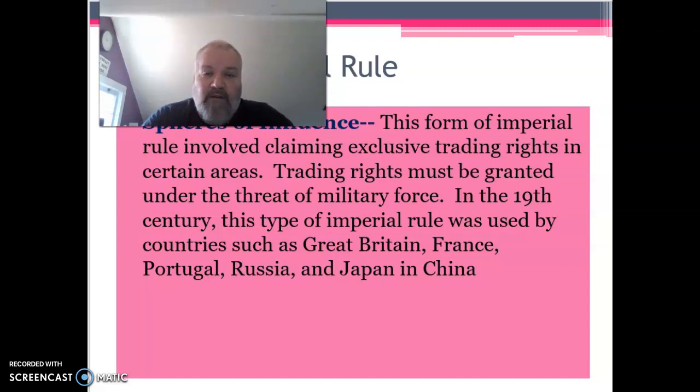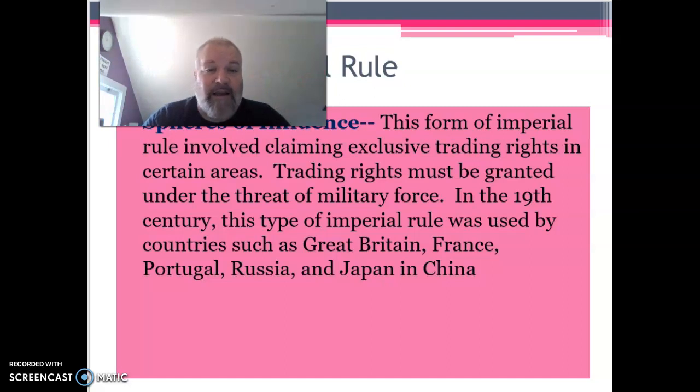Okay. Trading rights must be granted under the threat of military force. So this is a sphere of influence again in China. And it was used by Britain, France, Portugal, Russia, and Japan in China. China was famous for being a country that was being colonized with this approach by multiple countries.